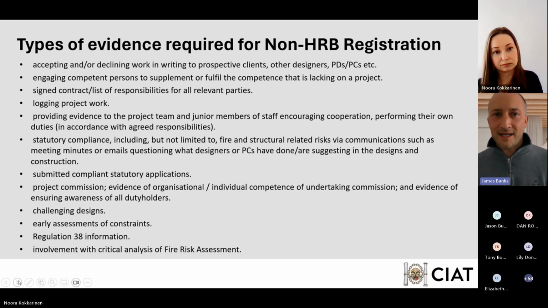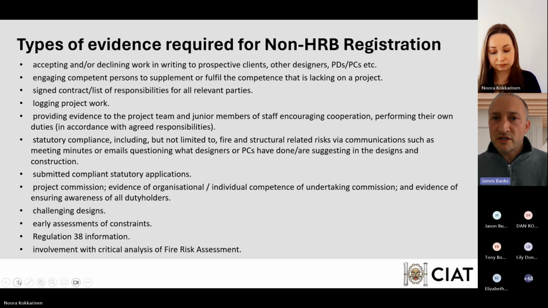So accepting or declining specific works, whether it be clients, other designers, PDs or PCs, engaging competent professionals to supplement or fulfill the competencies lacking in a project delivery team, logging of project work, signed contracts and lists of responsibilities for all relevant parties, evidence as part of the project team or junior staff encouraging them to deliver against their responsibilities as necessary.